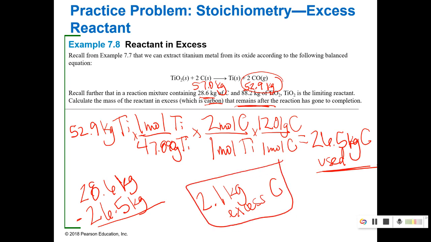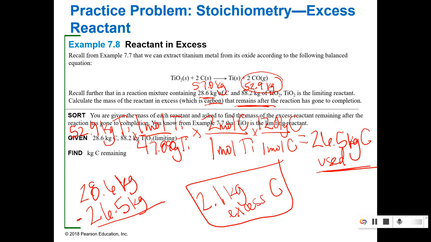But you have to do a third stoichiometry problem to get how much was used, and then we can do the subtraction. Again, this will not be on the test. It may be an extra credit question in Mastering Chemistry, though.